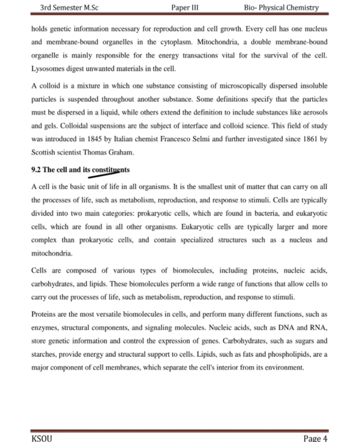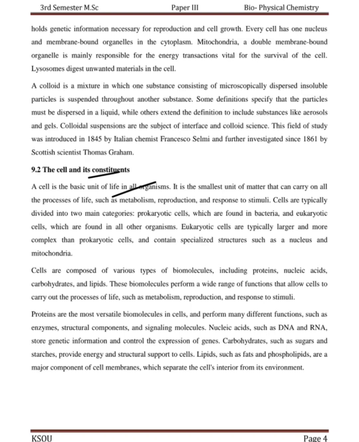A cell is a basic unit of living organisms. Cells are typically divided into two main categories: prokaryotic cells and eukaryotic cells. Prokaryotic cells are found in bacteria, and eukaryotic cells are found in all the other organisms.